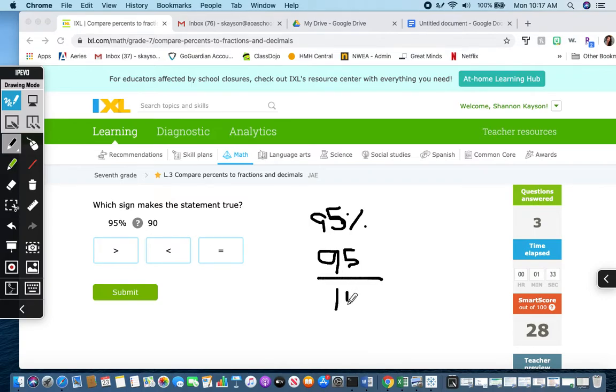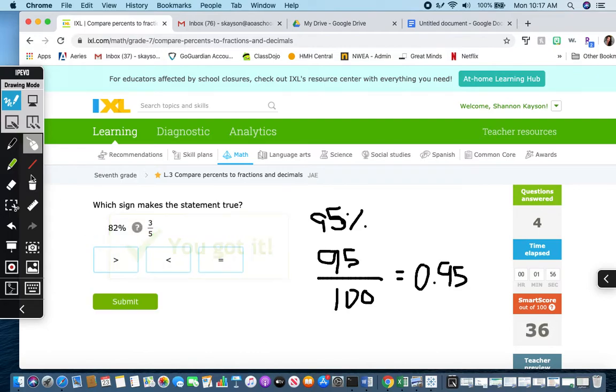So this is actually equivalent to a decimal that is less than 1. This actually means 0.95 in decimal form. So this number here is actually 0.95, less than 1. This number is the number 90. So in this case, 95% is quite smaller than the number 90.